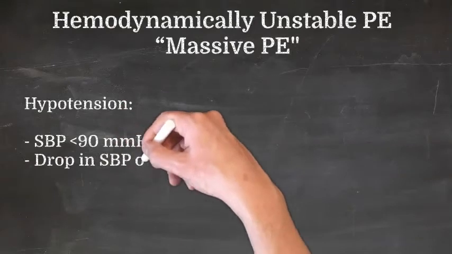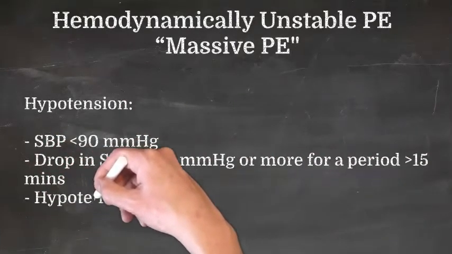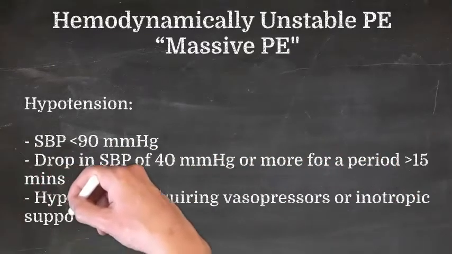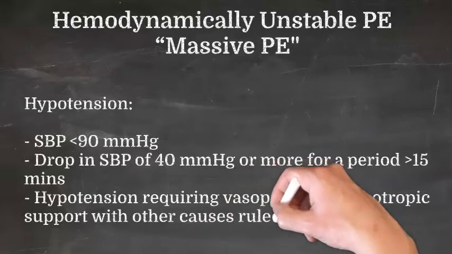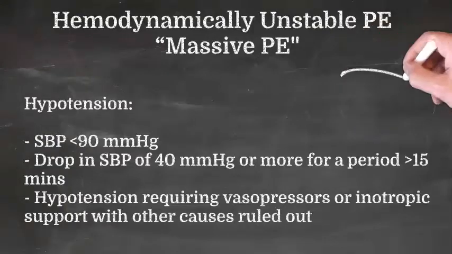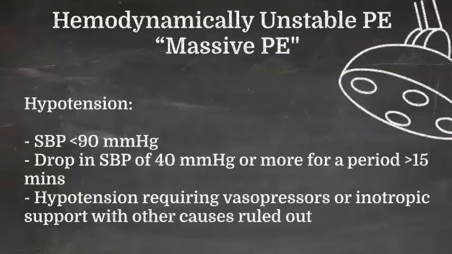So your patient has a systolic blood pressure of less than 90, or they may have a drop in their SBP of 40 or greater that sustains for a prolonged time period, or they have hypotension that requires vasopressors or inotropic support, and that is not explained by other causes.